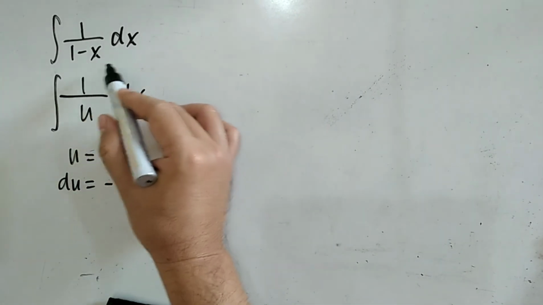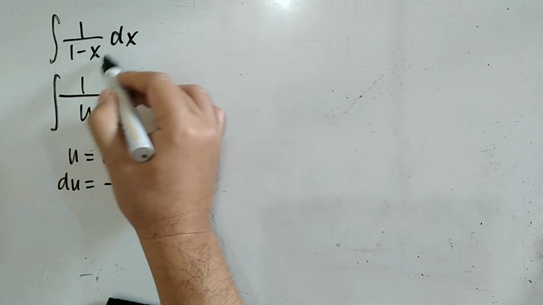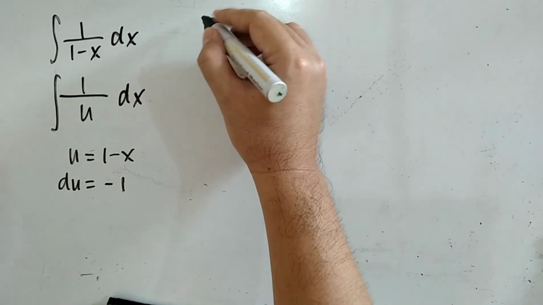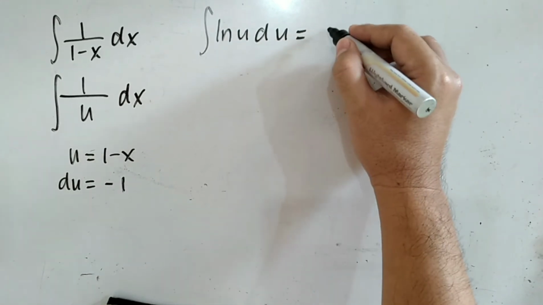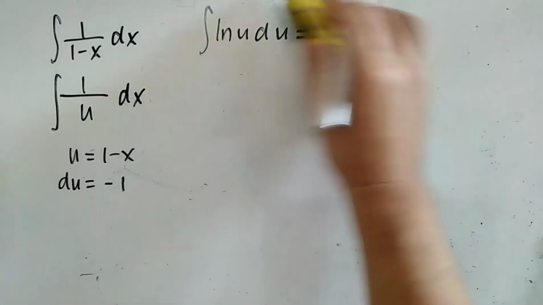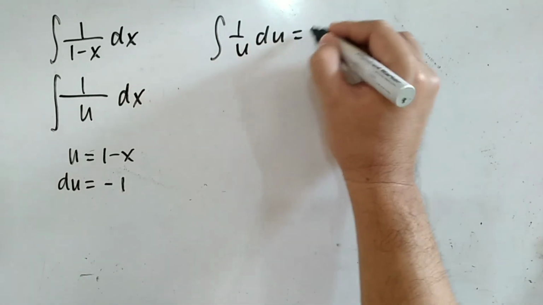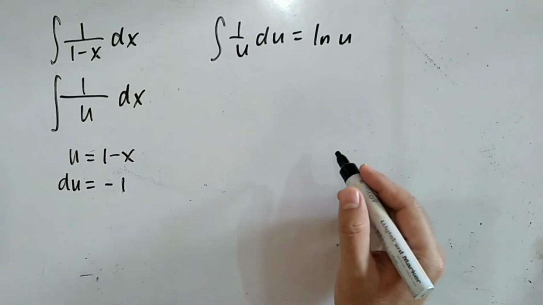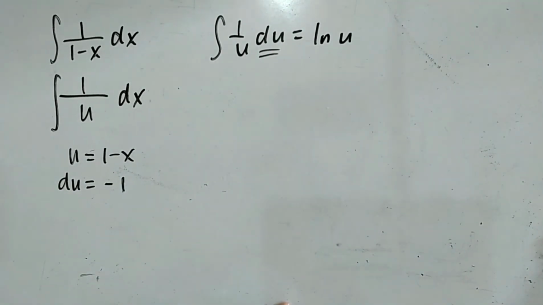So we need a negative 1 in our equation here, because the rule states that the integral of 1 over u du is equal to ln of u. But we can only proceed with that integration if we have a value for our du.